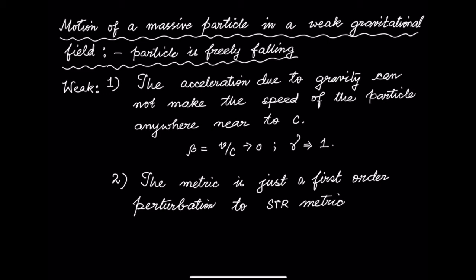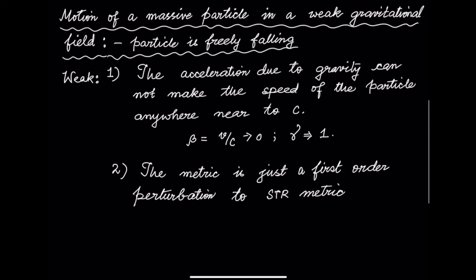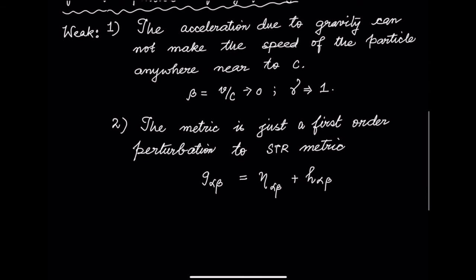Which, if we write in terms of equations, g alpha beta, the components of the metric that we will deal with, is eta alpha beta, which is diagonal 1, minus 1, minus 1, minus 1, plus a small change h alpha beta. And we say that the gravitational field is static.